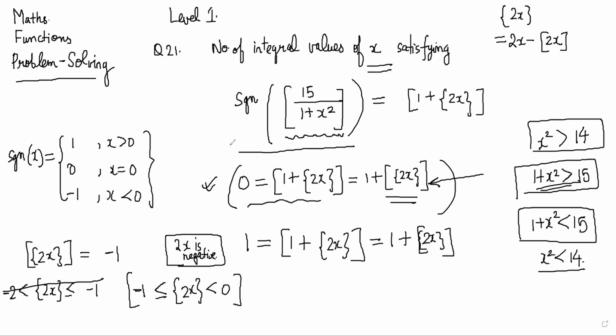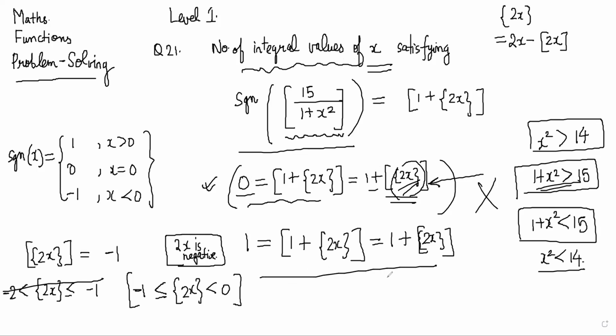If x is an integer, then 2x will be an integer, so the fractional part of something will be 0, right? So if you are searching for integer values of x, then 2x is also an integer and the fractional part is always 0. So the first inequality can never be true because you have 0 equal to 1. So there is no case here.